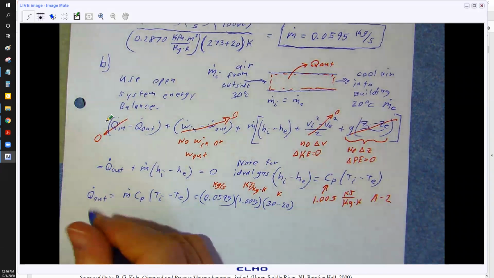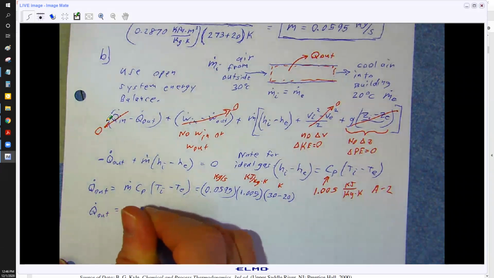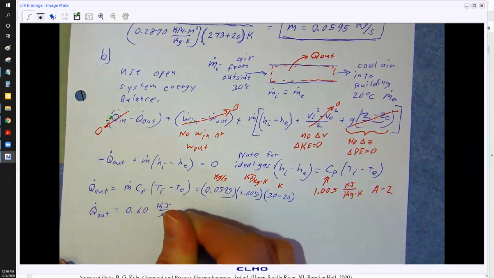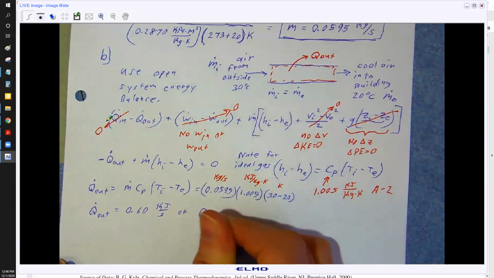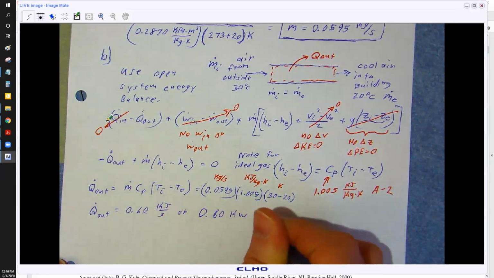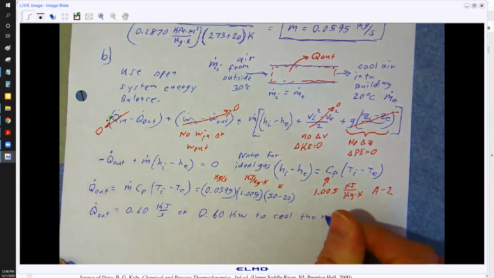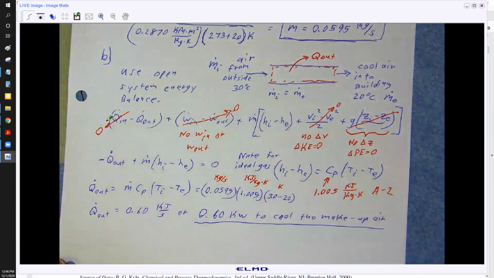So I'm going to be left with Q out equals 0.60 kilojoules per second, or 0.60 kilowatts to cool the makeup air. That's what's being done here.